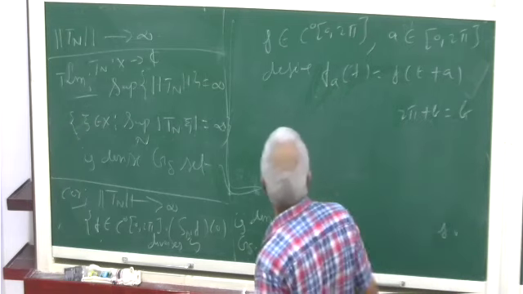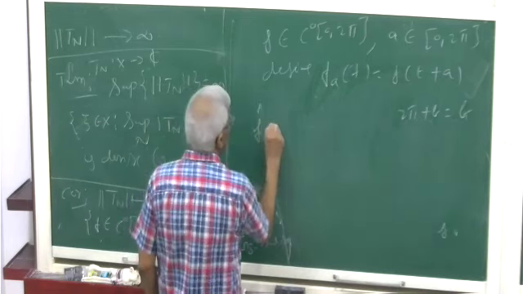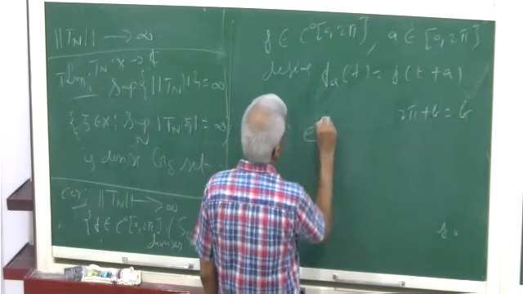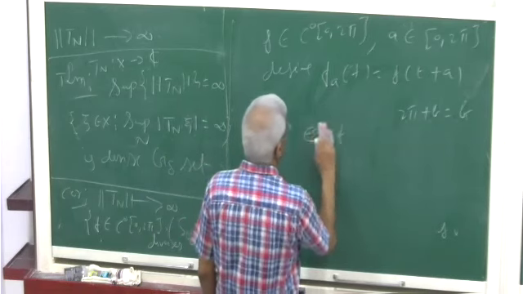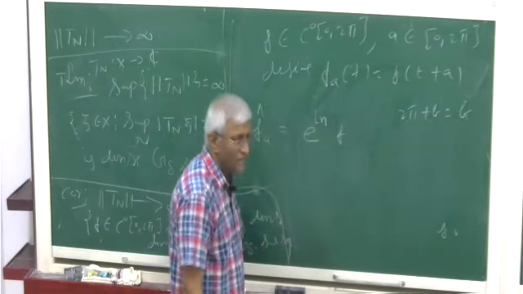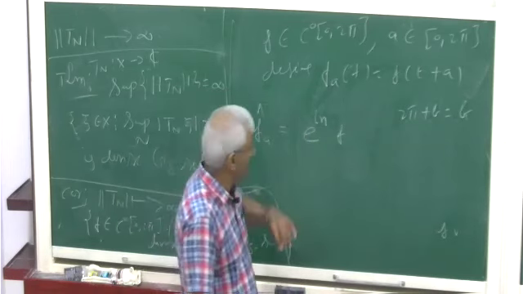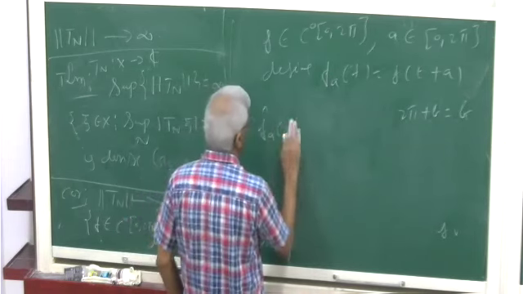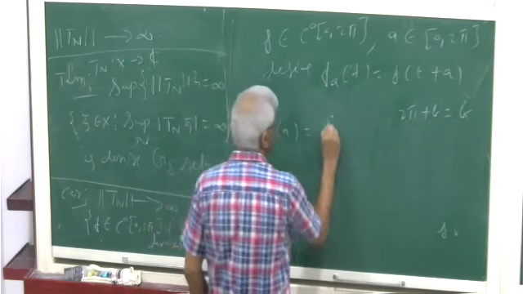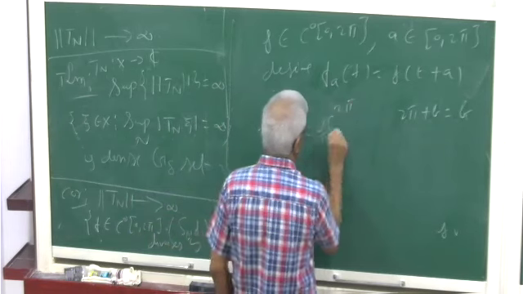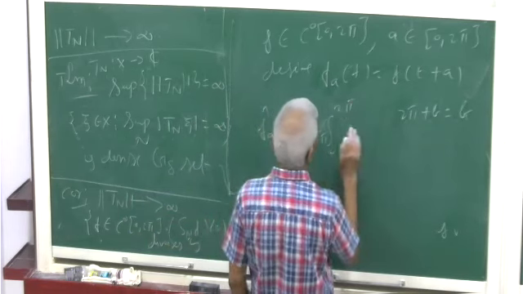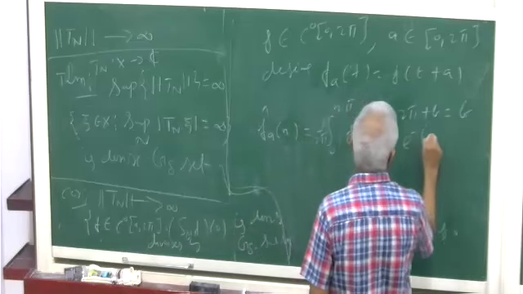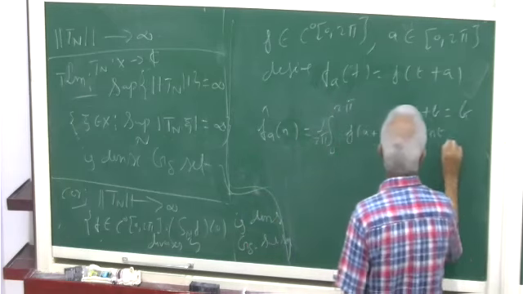Then if I hat equal to e power i t f of, let's just compute f hat at n, equal to f of a plus t.